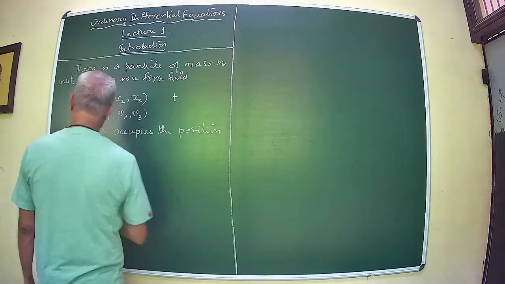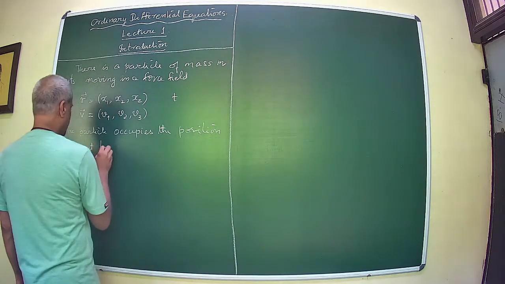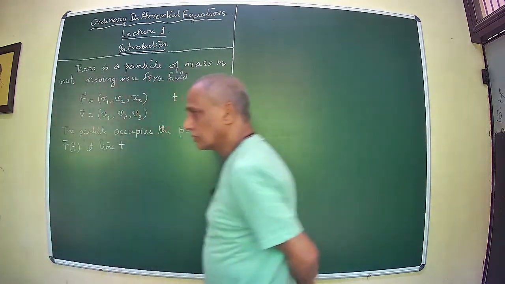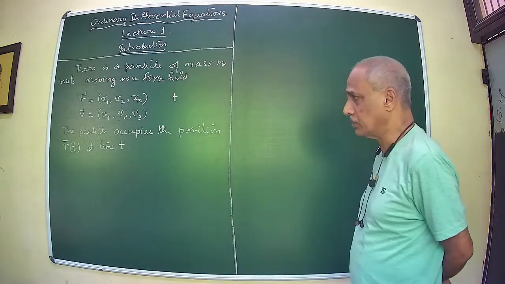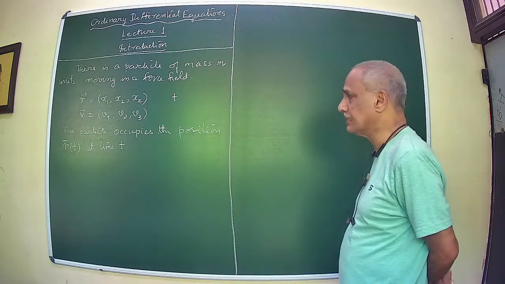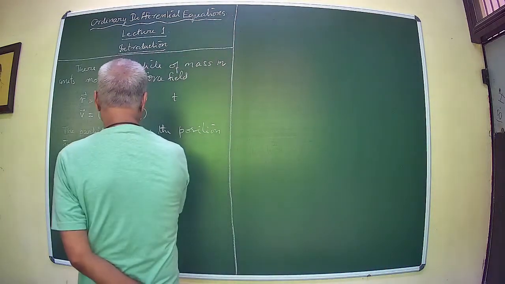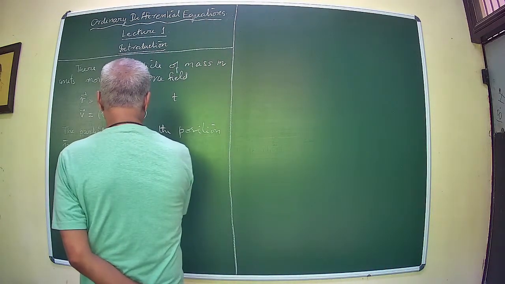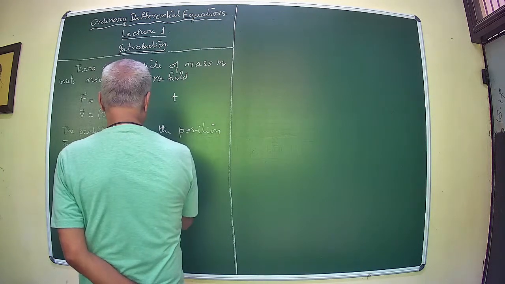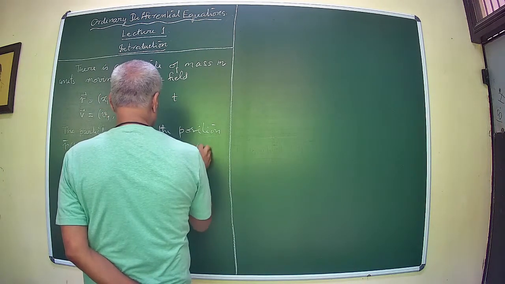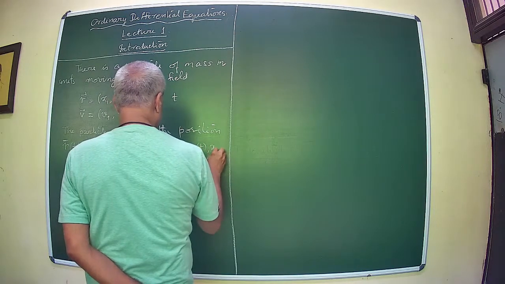So you have a time scale. You also have a sort of coordinate system with which you mark this. Therefore, r(t) is a function of x1(t), scalar valued functions, x2(t), x3(t).